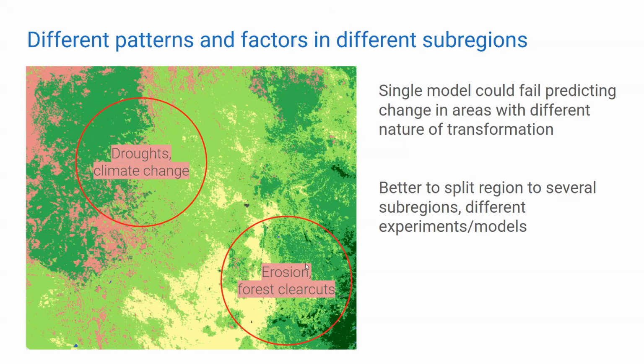It's better to split a region into several subregions, run different experiments, use different spatial variables, and train different models. So don't try to build a single model trying to explain super huge territories with different genesis of processes. Yes, MOLUSCE model is not differentiated by territory. It's the single model.